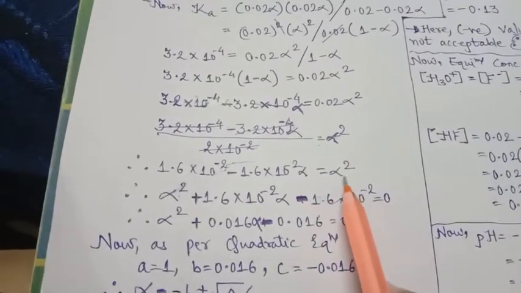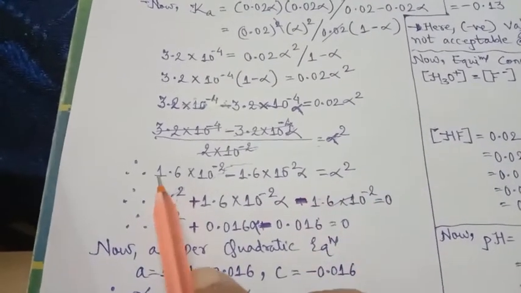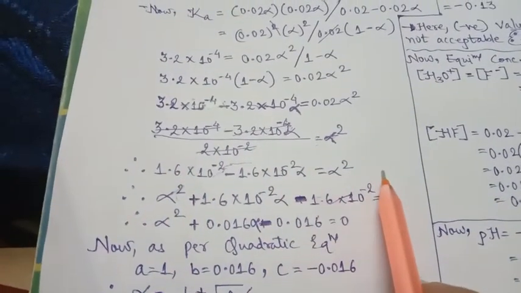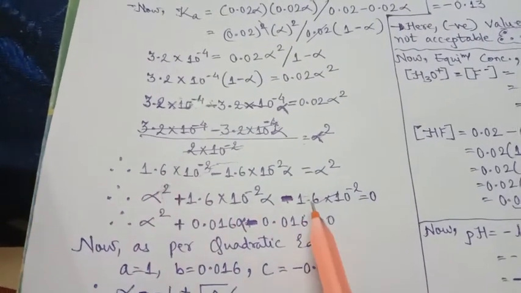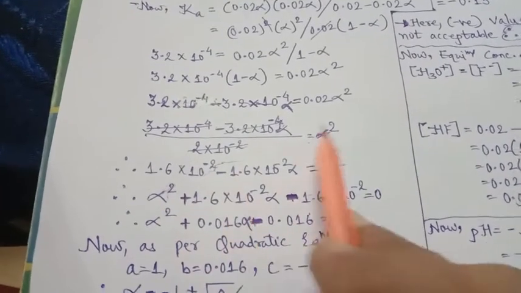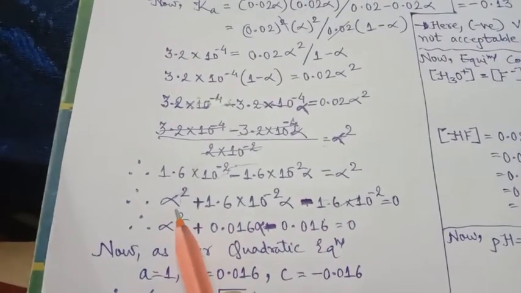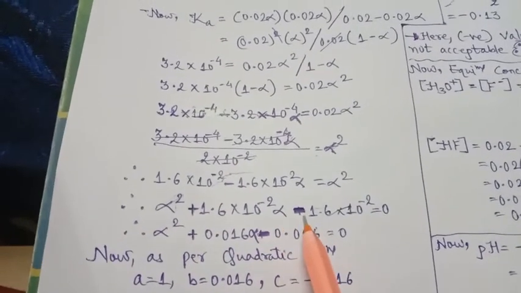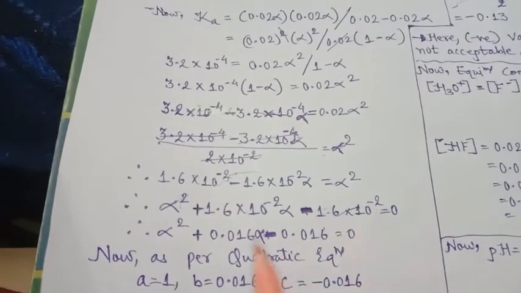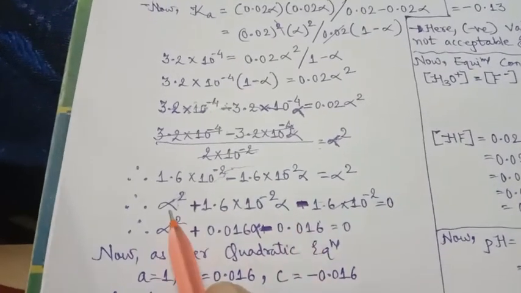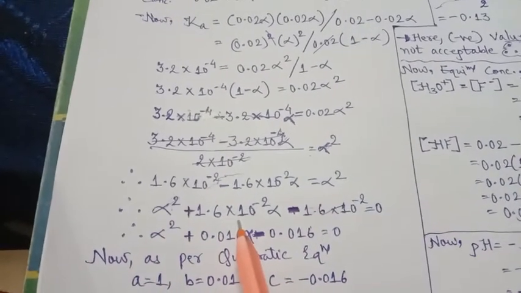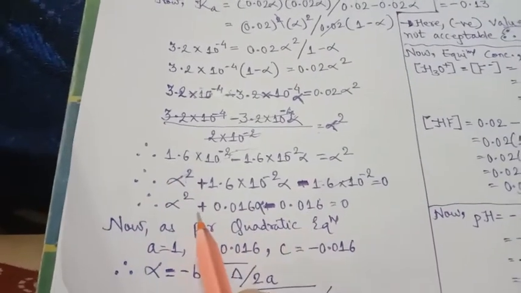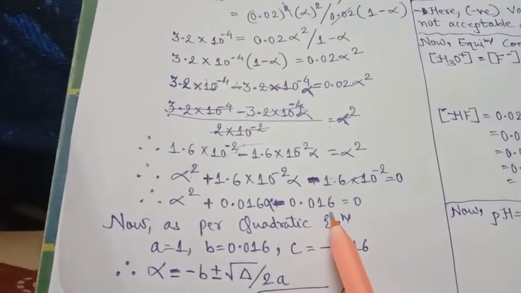Now let us convert this into a quadratic equation. So 1.6 into 10 raised to minus 2, if I take it to this side, it will be negative, and this negative will become positive. So alpha square plus 1.6 into 10 raised to minus 2 alpha minus 1.6 into 10 raised to minus 2 equals 0. That is ax square plus bx plus c equals 0. You can see it is in the form of a quadratic equation, right?